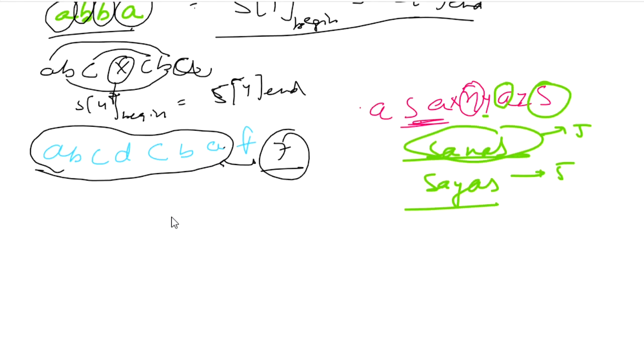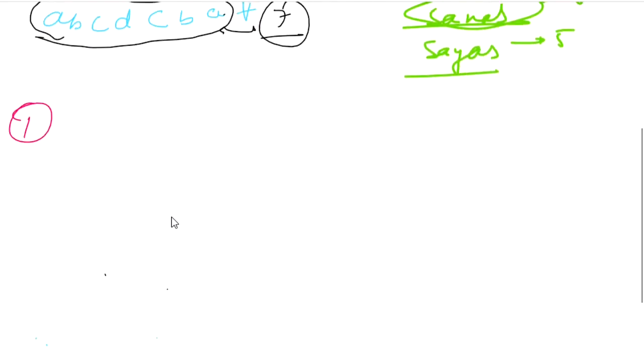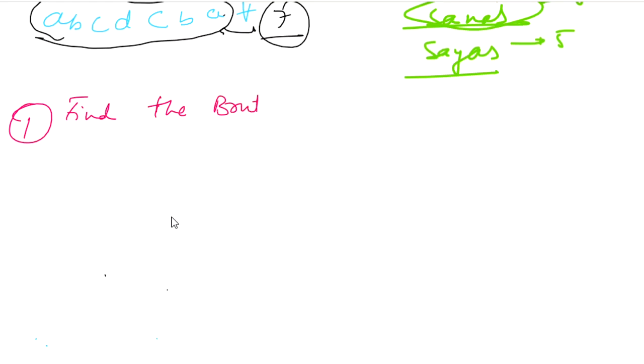So let's try our first step, that is to find the brute force solution. Brute force solution is simply checking all the subsequences and then finding the length of longest palindrome.